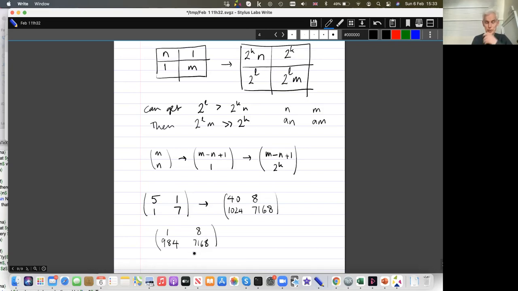So the idea I had here was to get this down by sort of doubling and then doing some subtraction. So I sort of keep doubling until I get near to these numbers and then subtract.